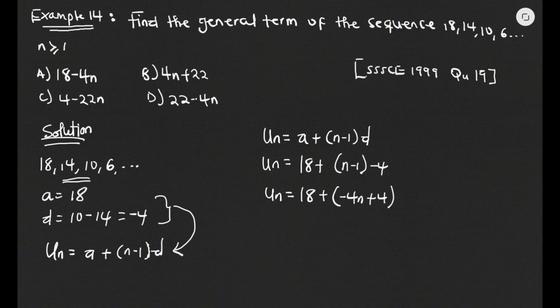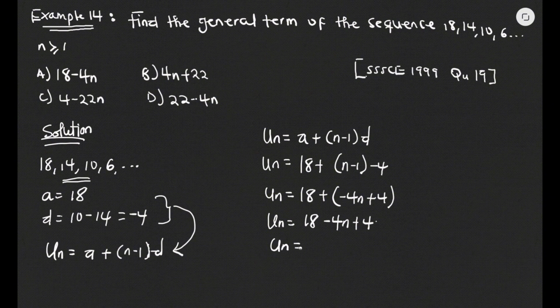I just use the bracket because I don't want the two signs to be close to each other. If I remove the bracket, I have 18 minus 4n plus 4, since the positive outside affects everything, so it's going to be the same.